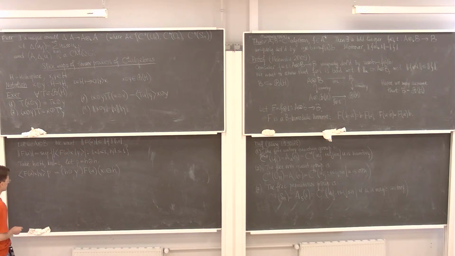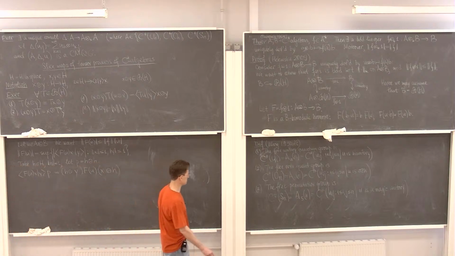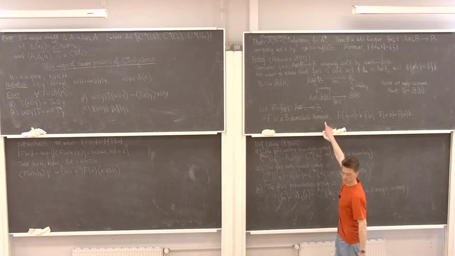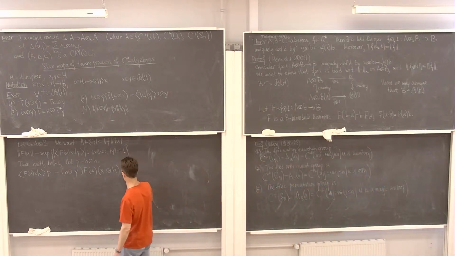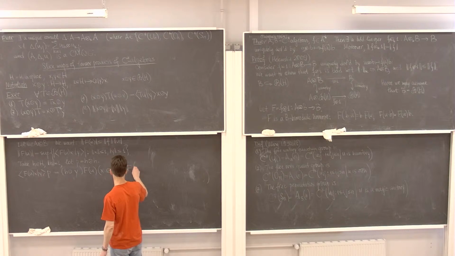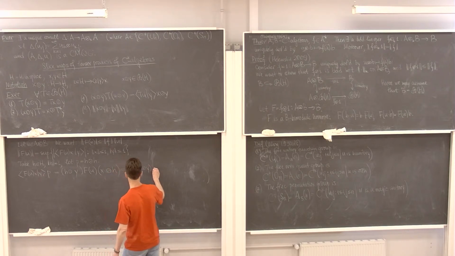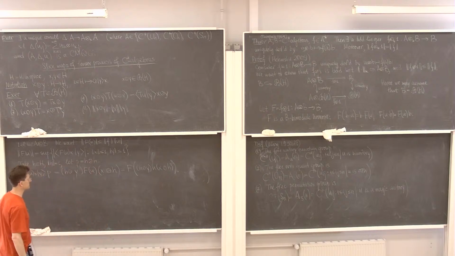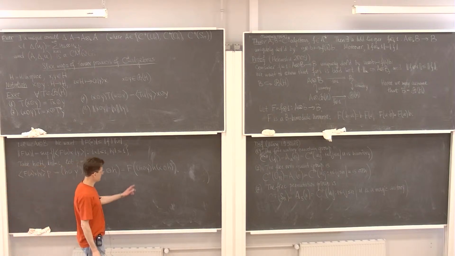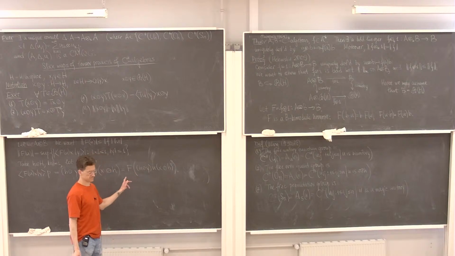But now, let's recall that F is a B bimodule homomorphism. So since it's a B bimodule homomorphism, we can now write this as F applied to h circle y times u times x circle h. What can you say about this element in brackets?